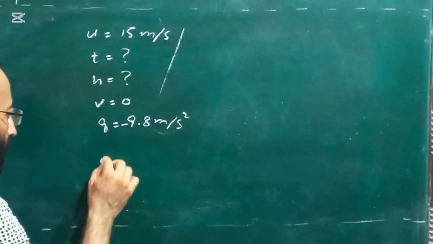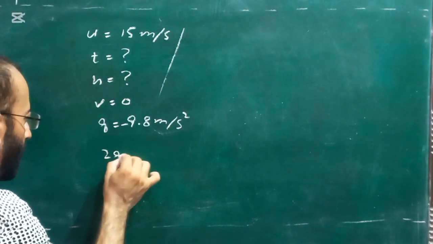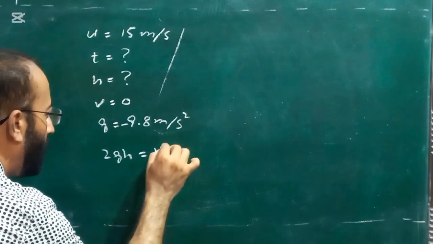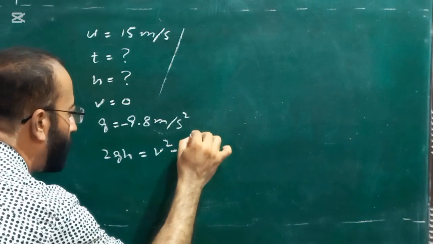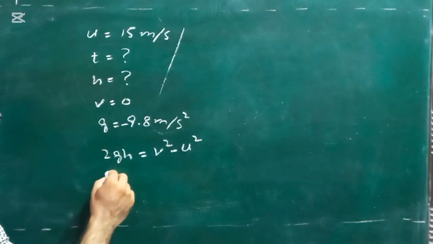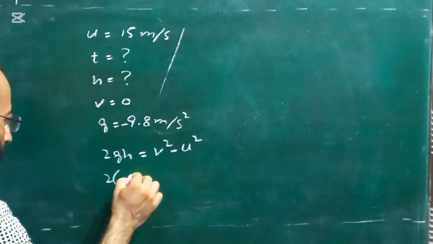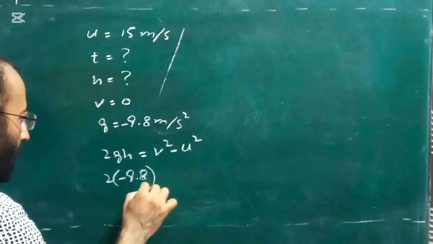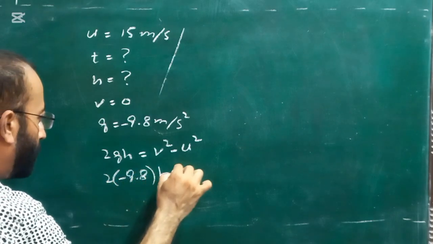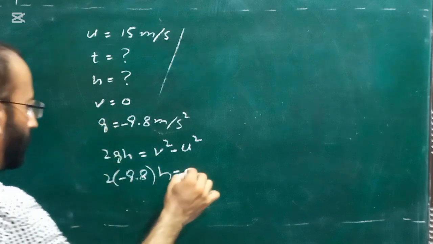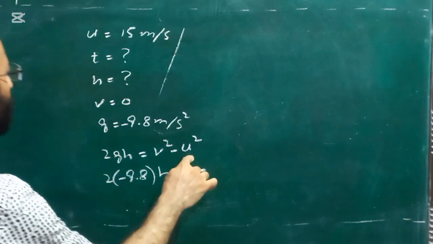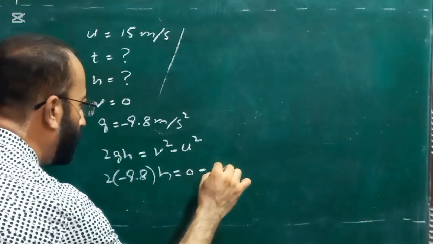So for the second question, the equation that will be used is 2gh is equal to v square minus u square. Now put the values into the formula. g is minus 9.8, h is the requirement, v is 0, u is 15.